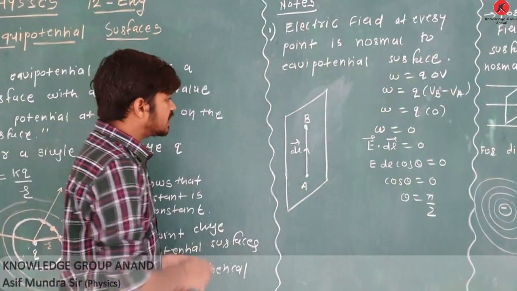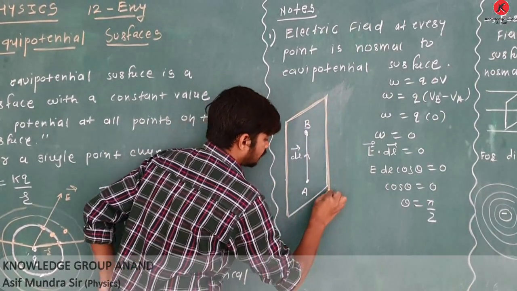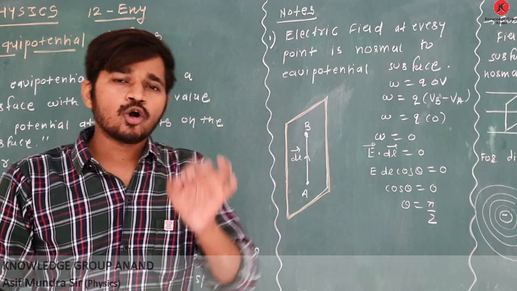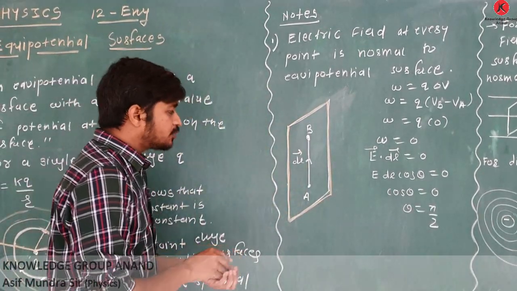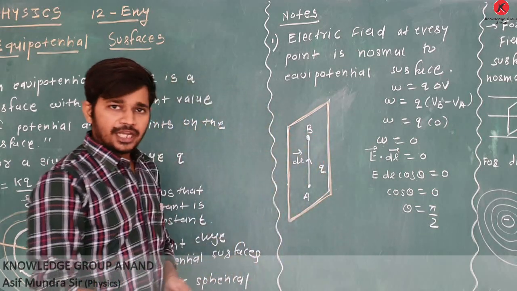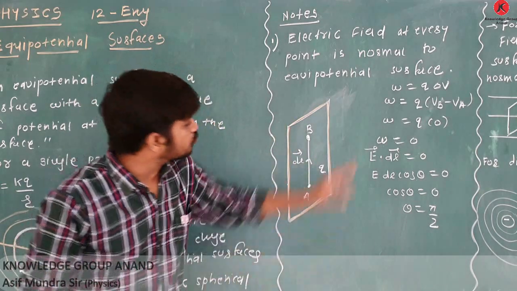Now how to prove this statement? We are taking one example. See, it is one equipotential surface. Points A and B are on the equipotential surface. Let us bring a charge Q from A to B on the equipotential surface. Then what is work?